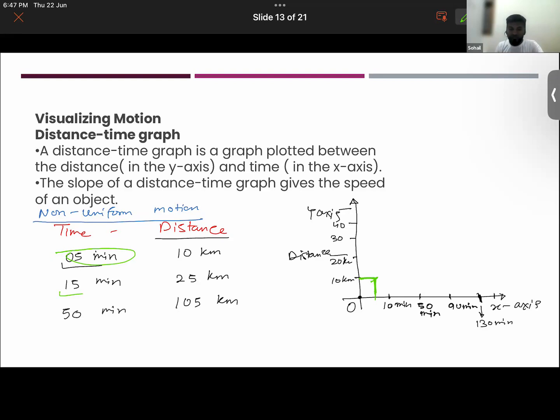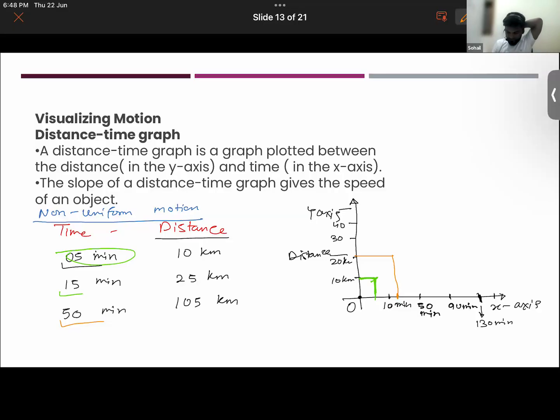So just near 10 minutes, it will be 15 minutes. This point here, see where I'm pointing. So this will be your next point. And for 50 minutes, how much distance has been traveled? Sir, 105 kilometers.